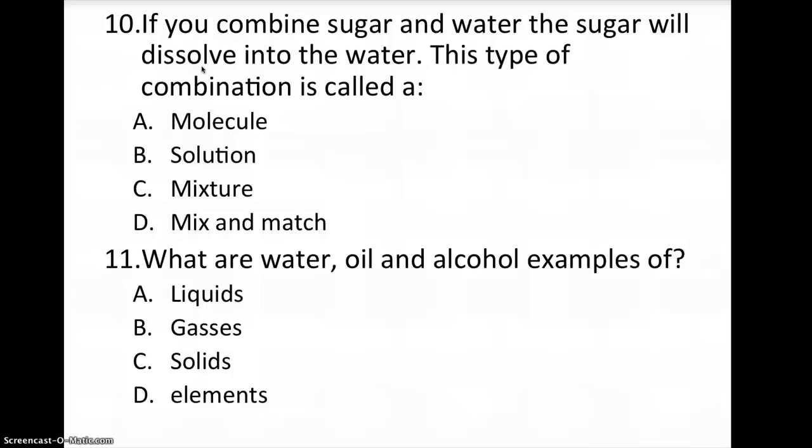All right, let's keep going. Number 11. What are water, oil, and alcohol examples of? A, liquids, B, gases, C, solids, or D, elements?